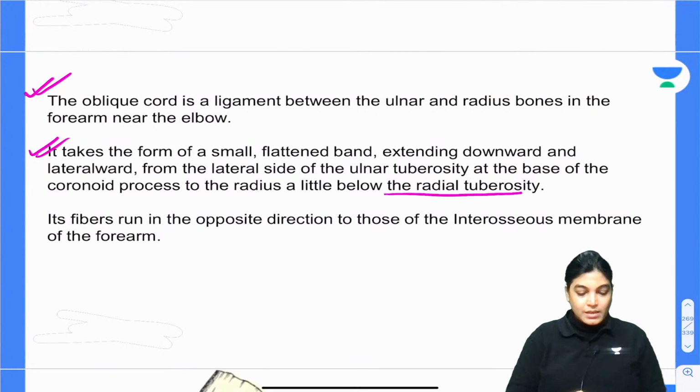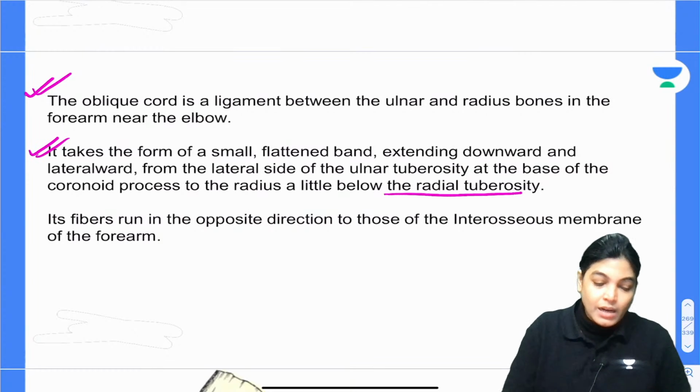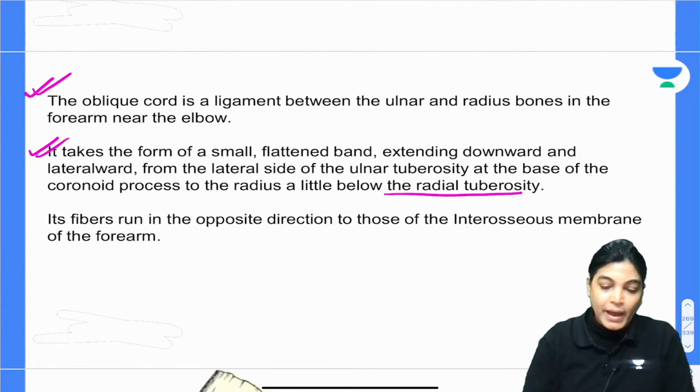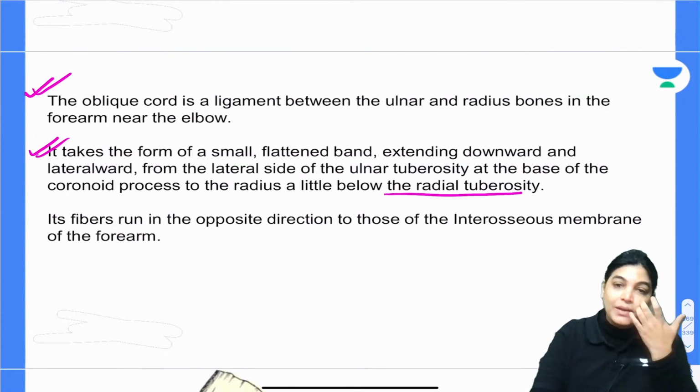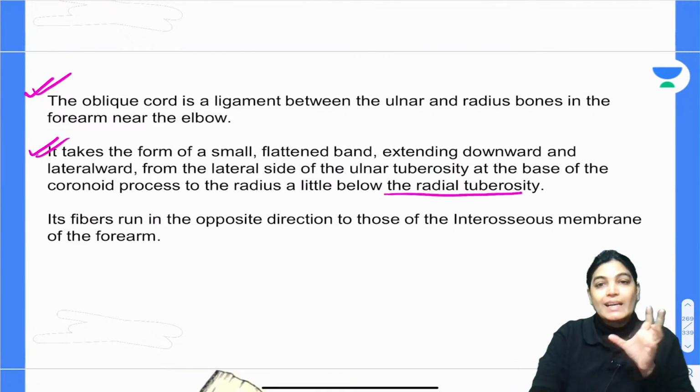It is important to know the definition of oblique cord. It forms a connection between the two bones of the forearm, that is radius and ulna, near the elbow.